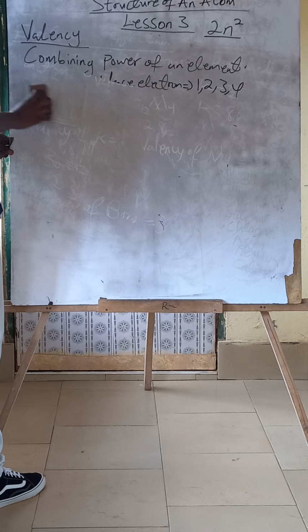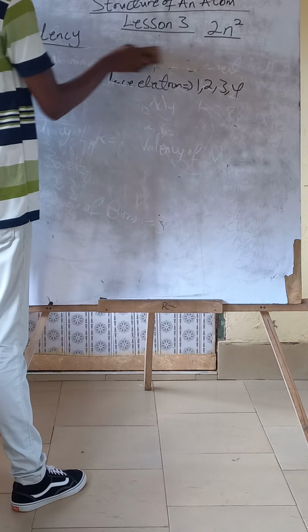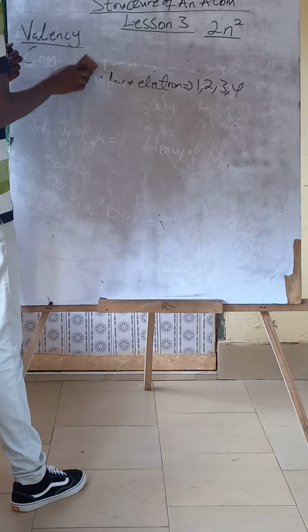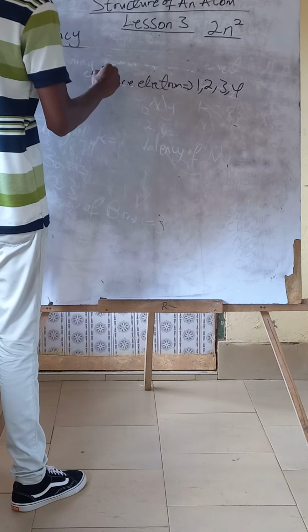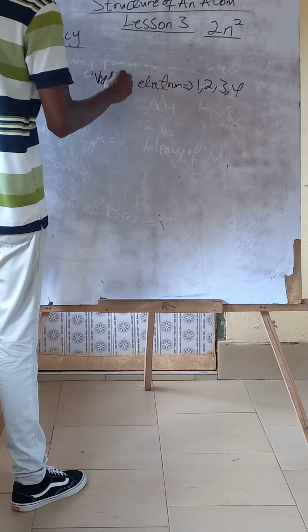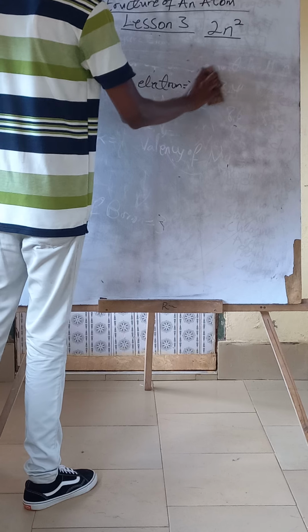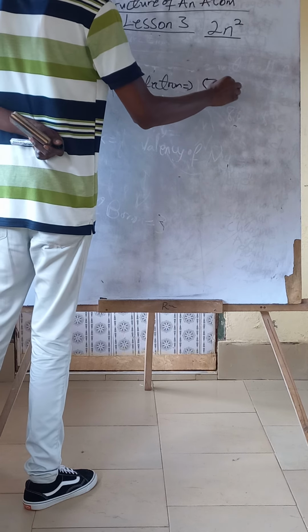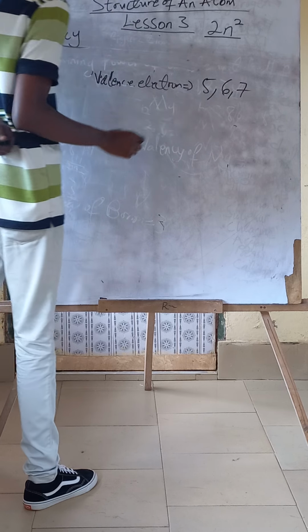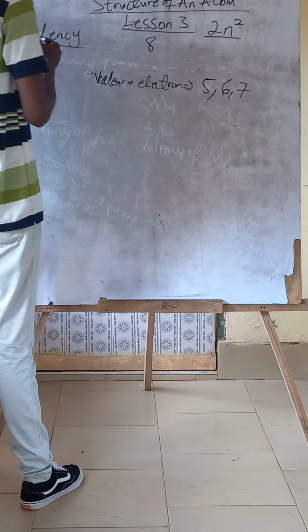But in case the valence electron of the element is 5, 6, or 7, to know the valency, you subtract it from 8.